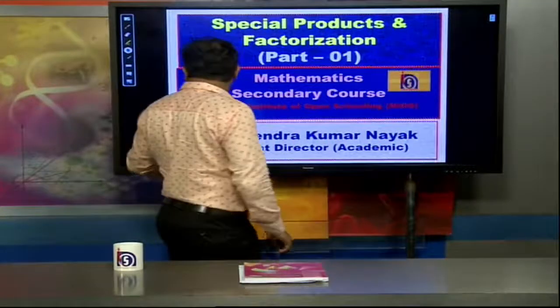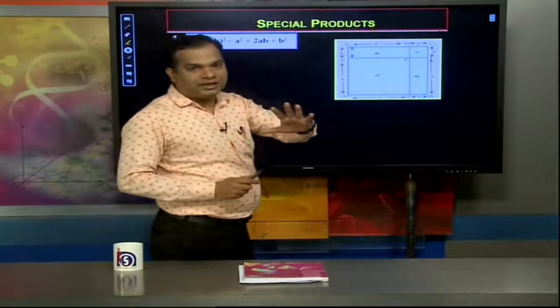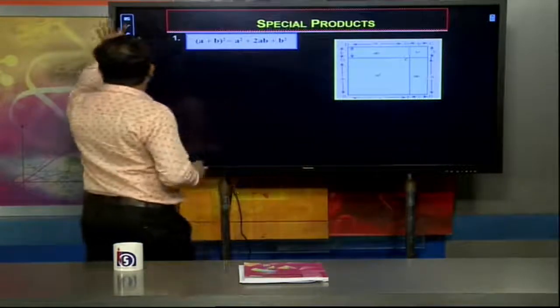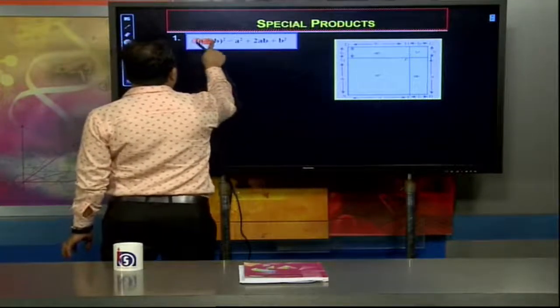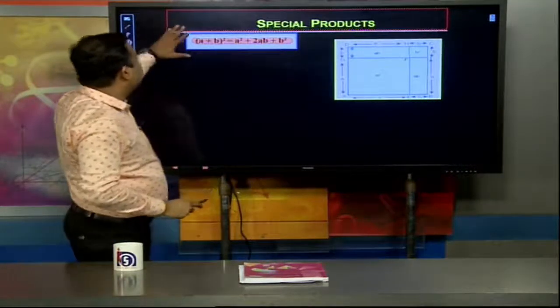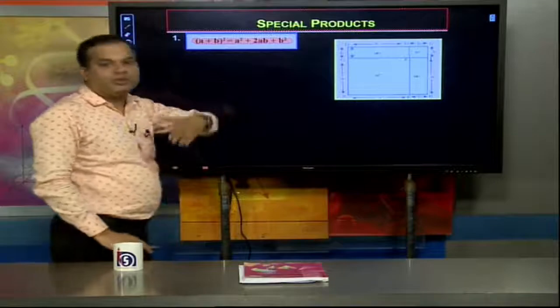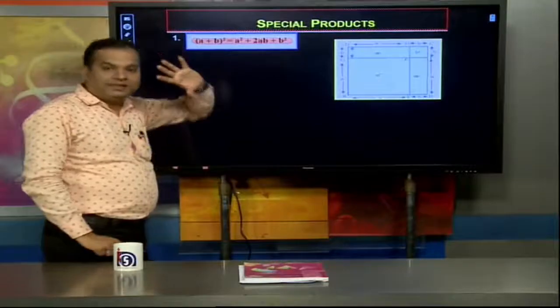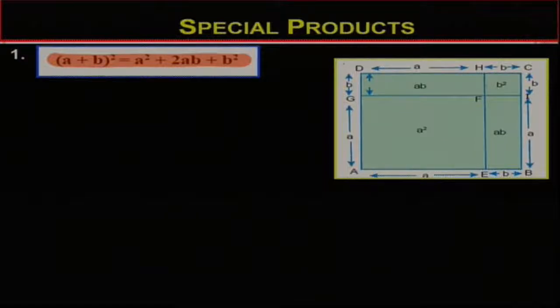Now, dear learners, the first important formula, the first important technique, is a plus b whole square. a plus b whole square is equal to a square plus 2ab plus b square.